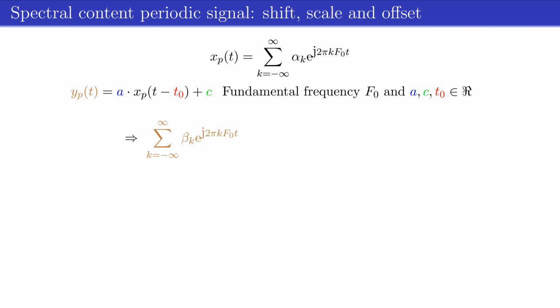Thus we can write the periodic signal yp of t as a sum of weighted, harmonically related phasors in which the weights now are denoted by beta k.